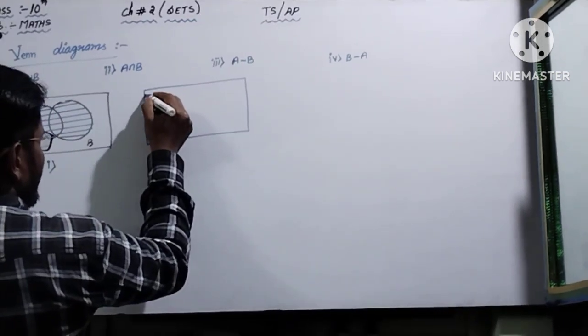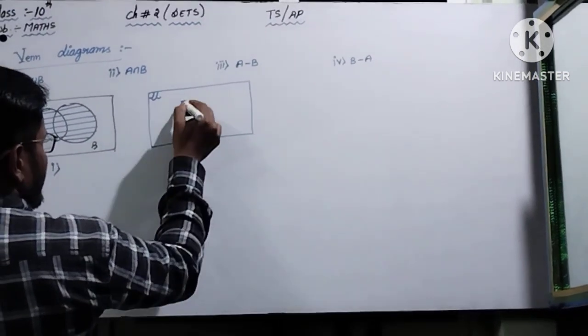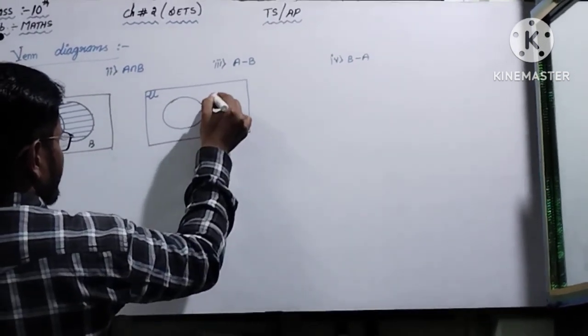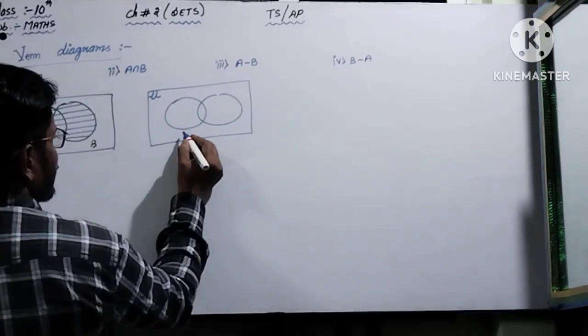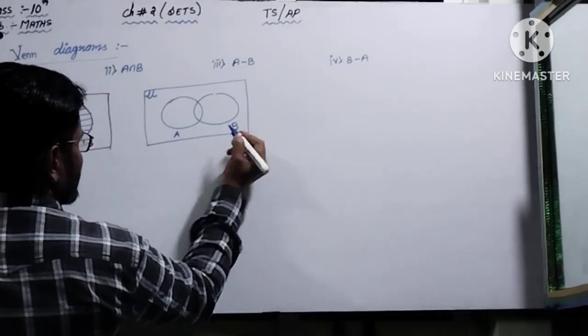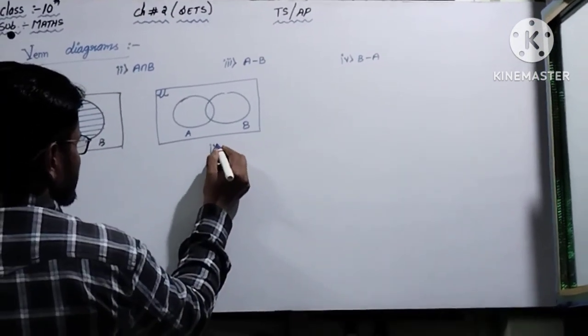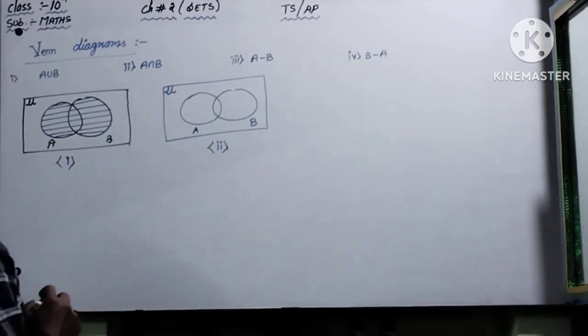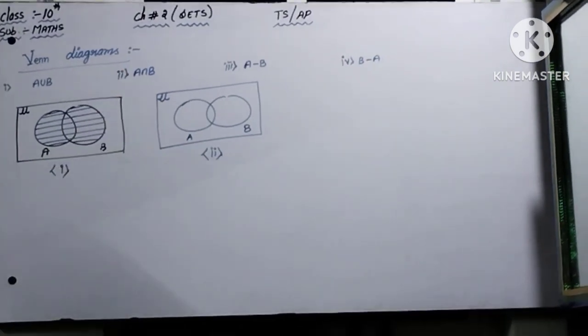Now this is the universal set, and take two sets A and B. The second operation is intersection.